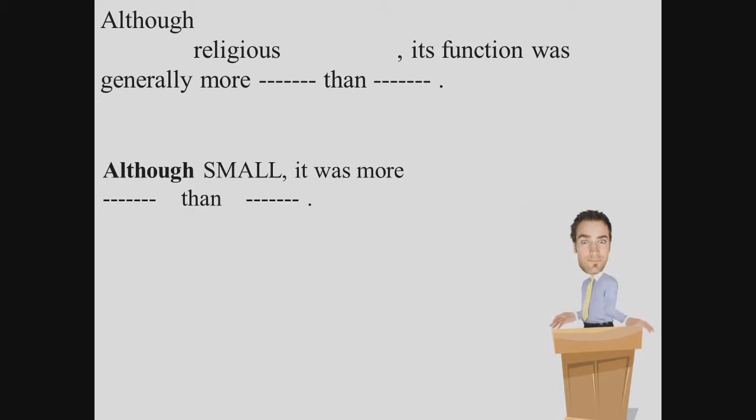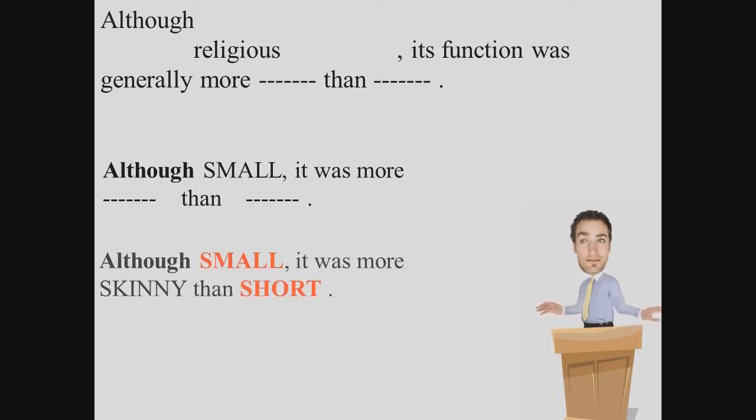You can't just put in anything. You could say, for example, although small, it was more skinny than short, and that would work perfectly well. There's a lot of things that would work really, really well. The syntax of this sentence forces you to relate that second blank to the word short.